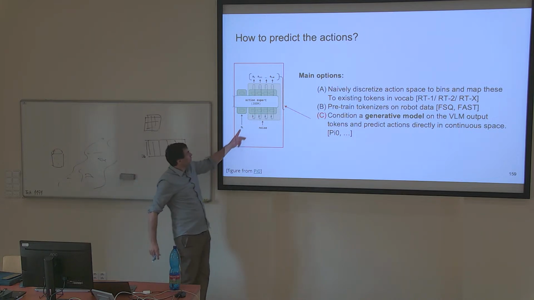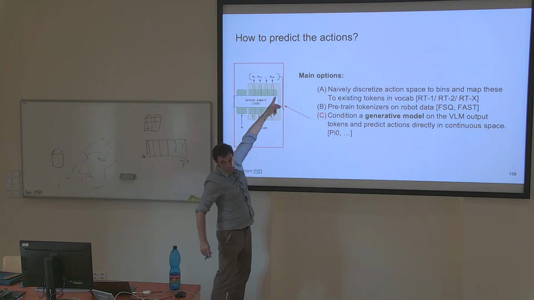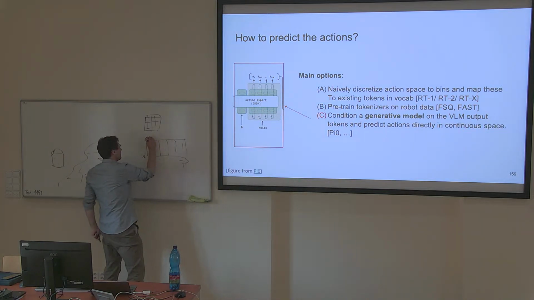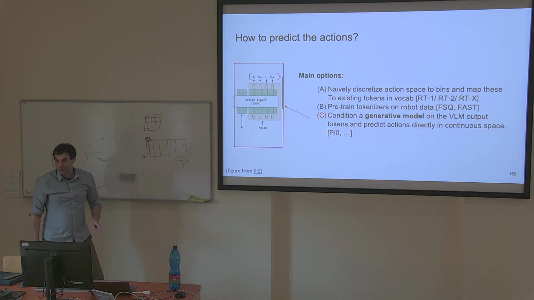So the output here is A_t to A_{t+N}, where these are the torques of the robot. And of course, is it position, is it torque, is it velocity? They seem to pre-train with everything, and then you have to fine-tune for your specific case.